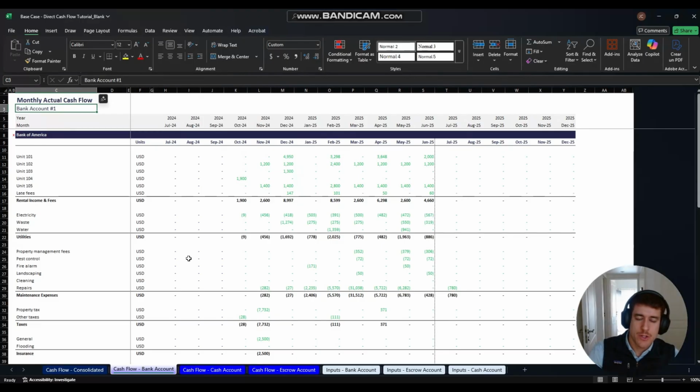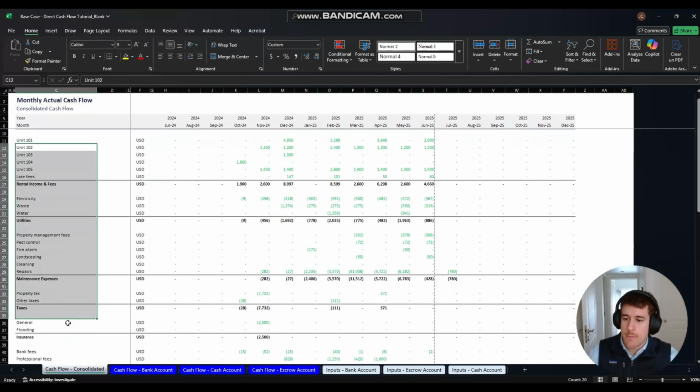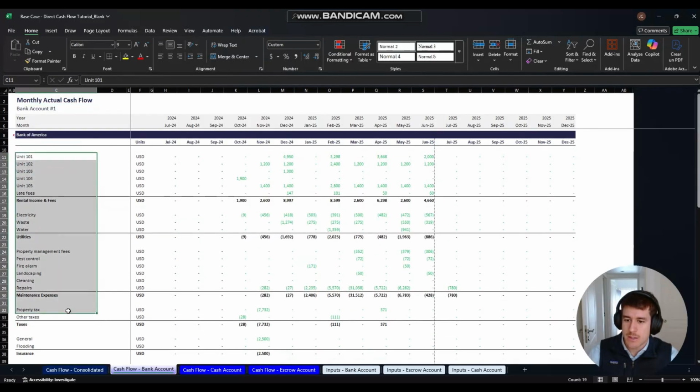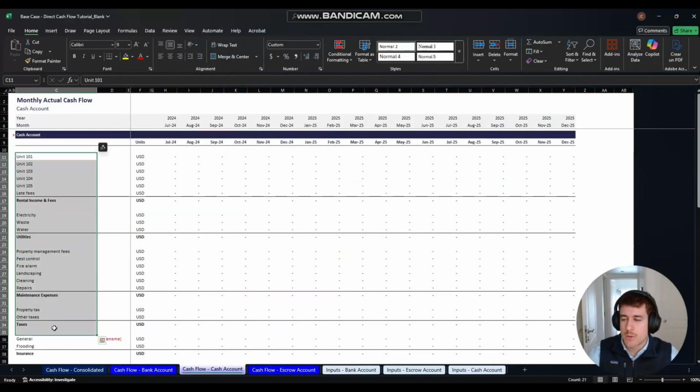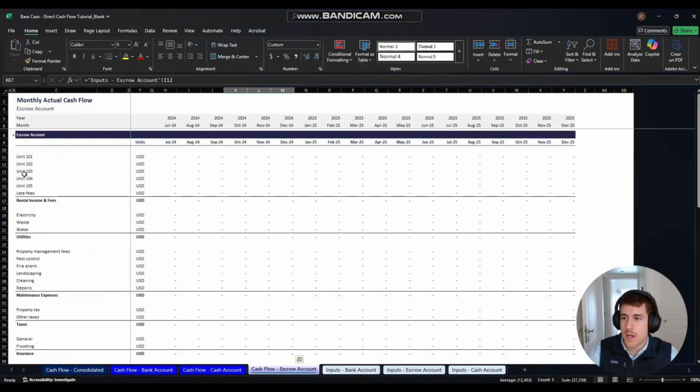My next recommendation would be to keep the layout consistent across bank account reports, right? So you will see that the consolidated bank account layout is exactly the same as operating bank account number one, operating bank account number two, and the escrow account.